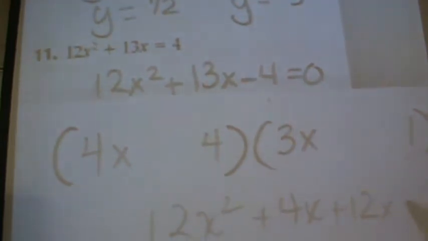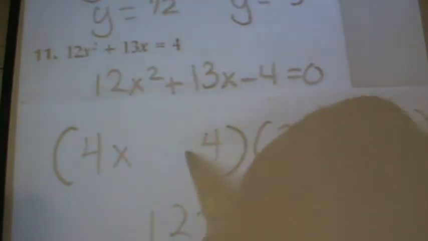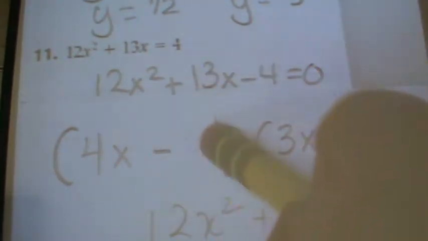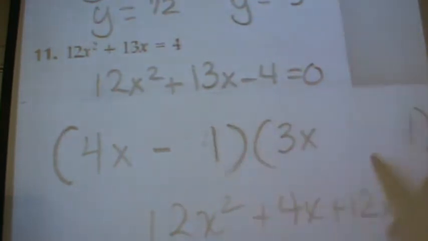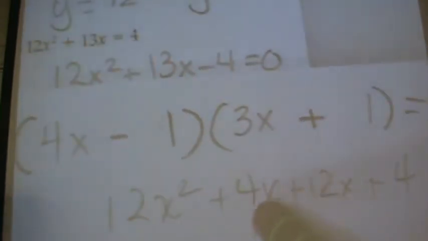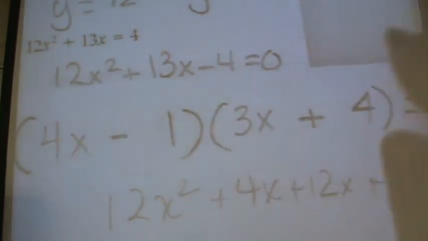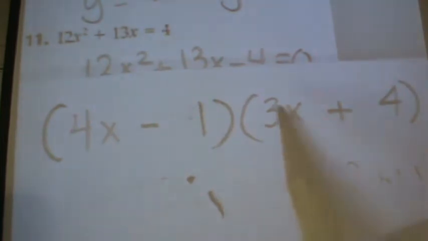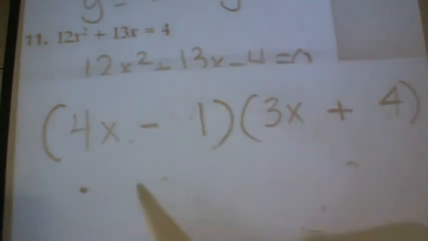No, what is it? 4x minus 1 and 3x plus 4. So the 1 and the 4 have to be switched. Does that work? So we have 12, 16, and 3. Yep, there you go.